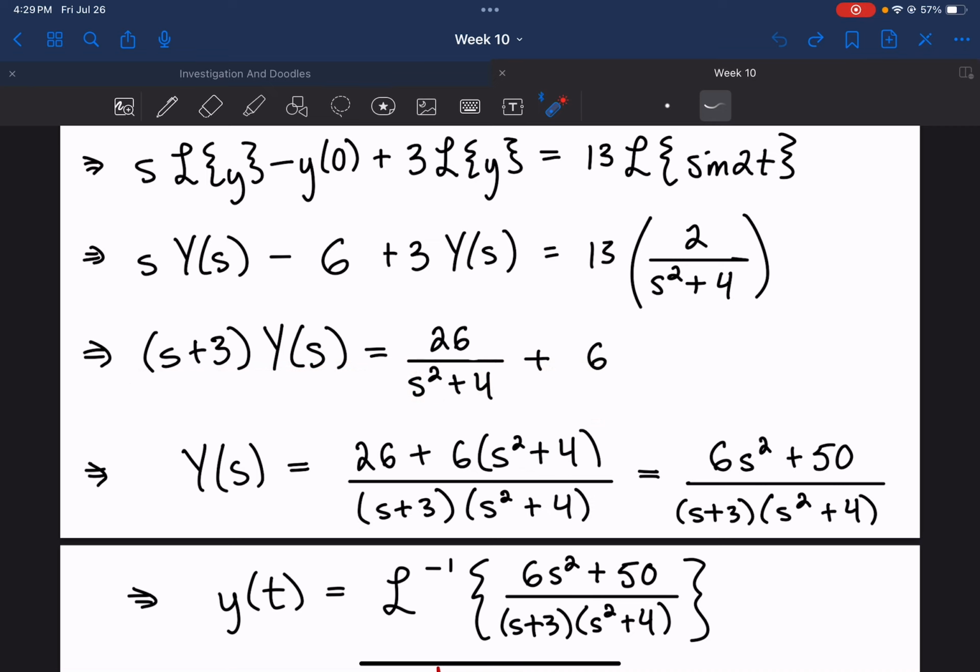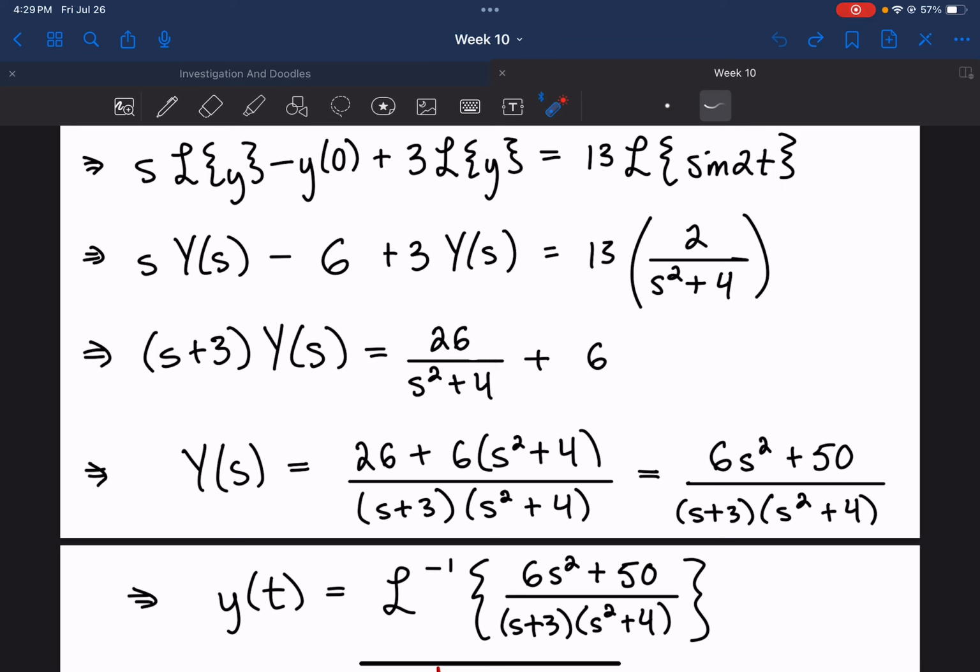Oftentimes, I think always, it's best to combine the fractions on the right hand side, right? So that's what happened here.